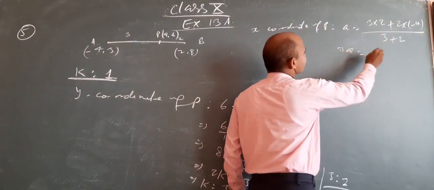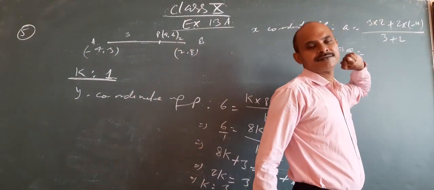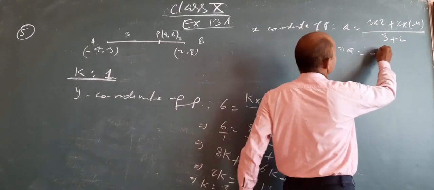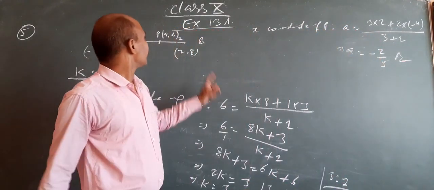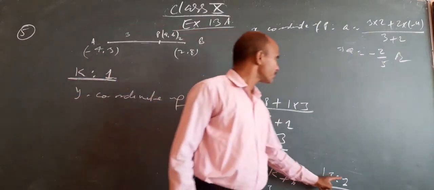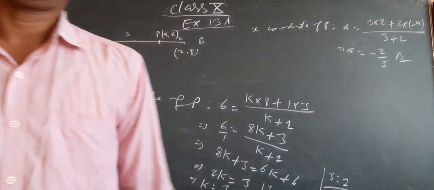This gives a is equal to (6 minus 8) by 5, which is minus 2 by 5. So the ratio is 3 is to 2 and the value of a is minus 2 by 5.